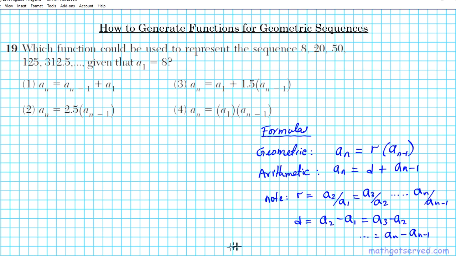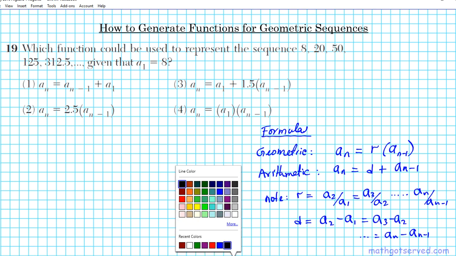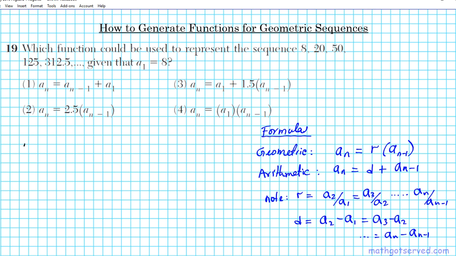The question is: is this sequence geometric or is it an arithmetic sequence? Alright, so all we have to do is see if we have a common ratio or a common difference, then we'll know for certain if it's arithmetic or geometric. Alright, so we're going to start by testing it to see if it's arithmetic.